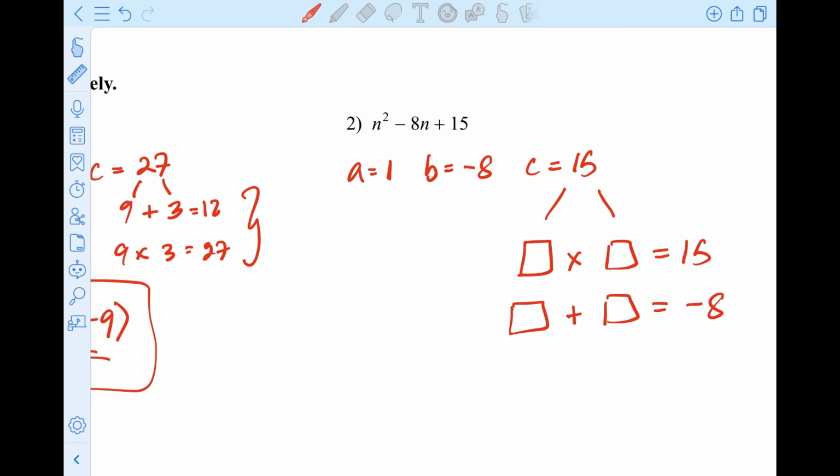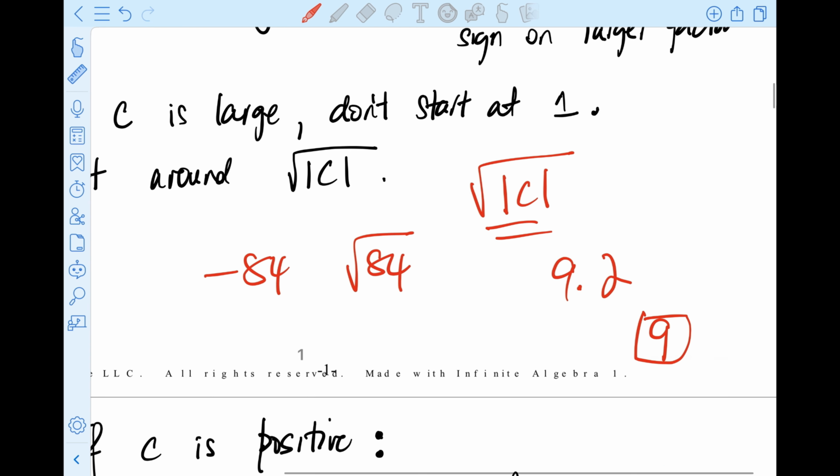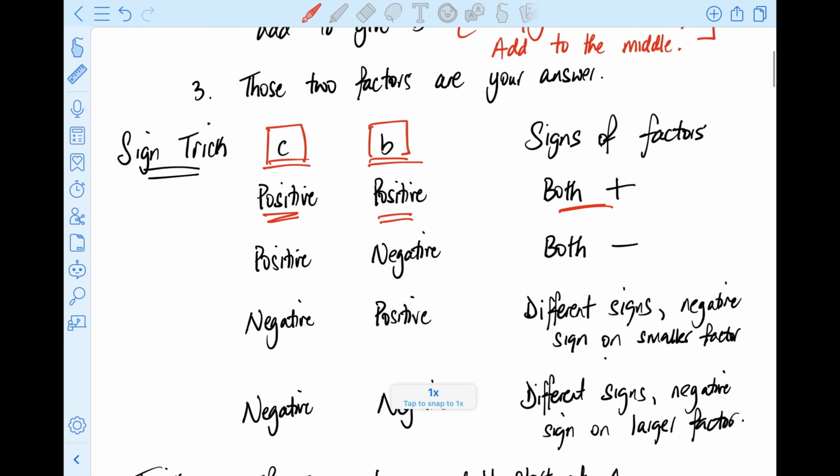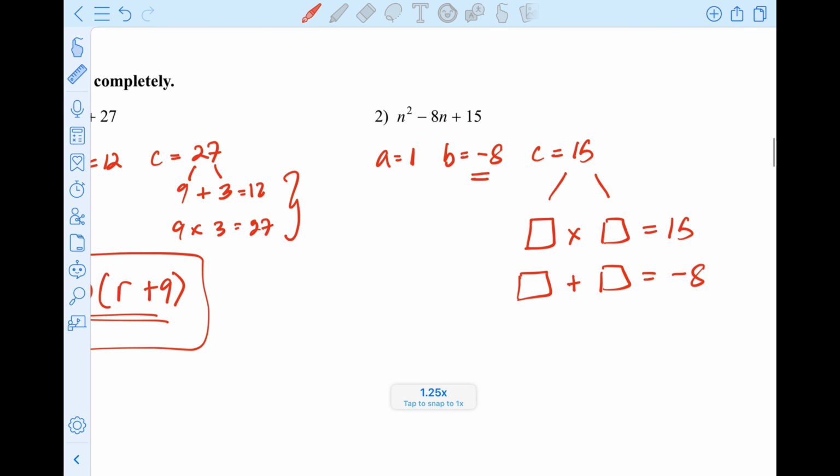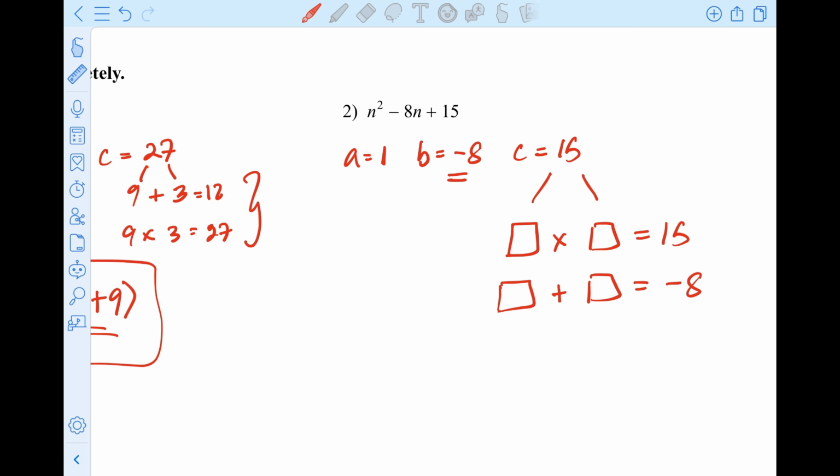Now, what I want to do now is go back to some of the tips. So C is positive, B is negative, okay? So what did I say? If C is positive and B is negative, then both factors will be negative. That's where that comes in. So I'm looking for two negative factors.